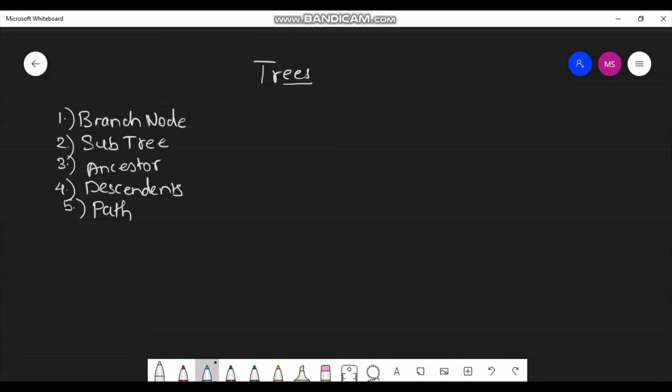So for this I will draw our normal tree. So I will name it for convenience.